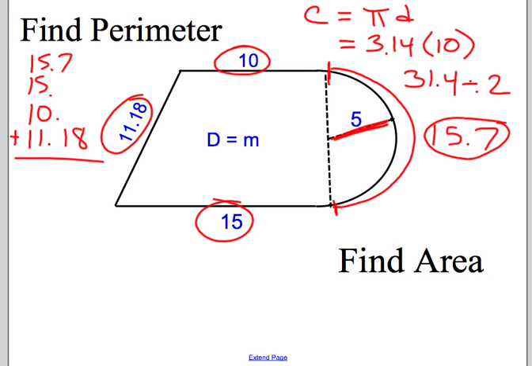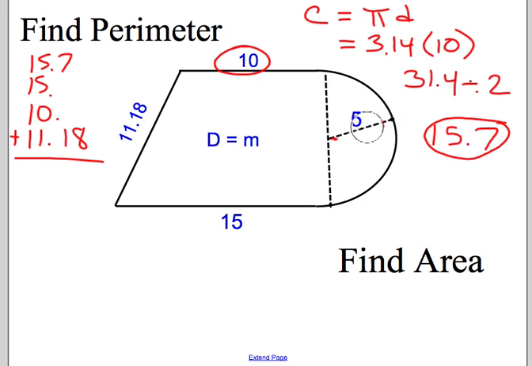Now, area. I'm going to erase some of this red marking here to hopefully clean this up for you a little bit. All right, area. We have 3 different shapes in this problem that we're going to have to find the area of.